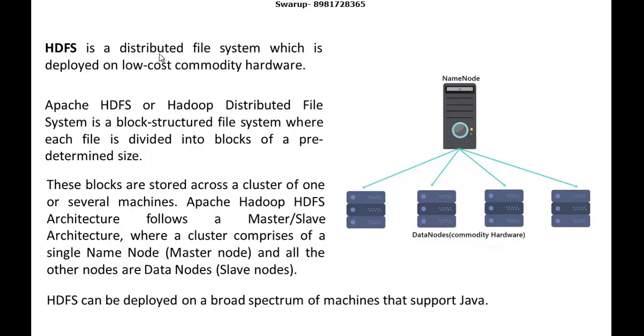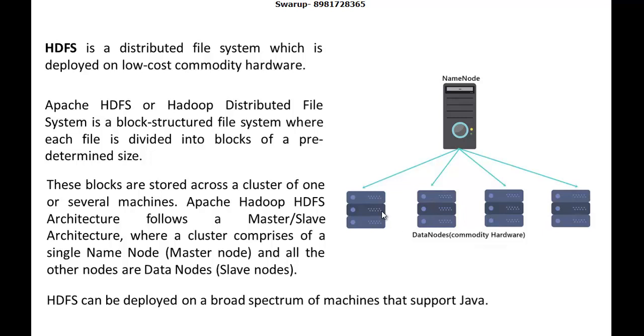HDFS is a distributed file system which deploys on low-cost commodity hardware. That means the systems maintained in the network are not going to be very costly. What the Hadoop Distributed File System implements is a block structure. Suppose we have a file whose capacity is pretty large.